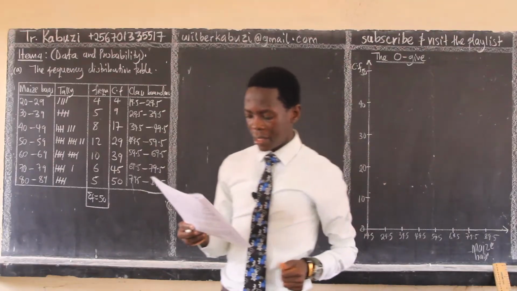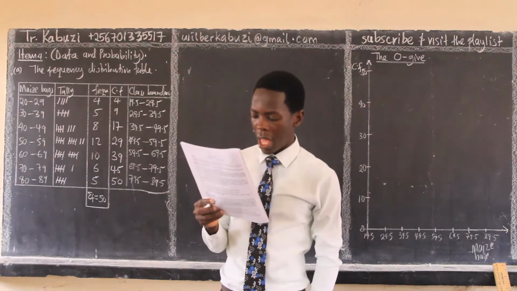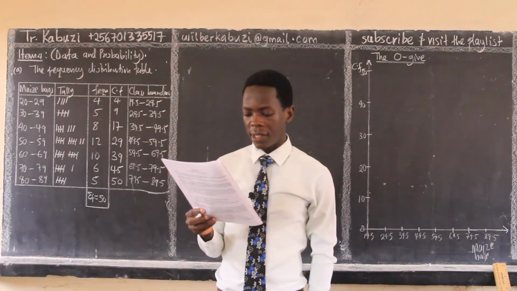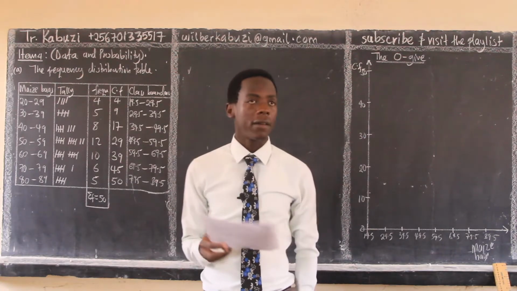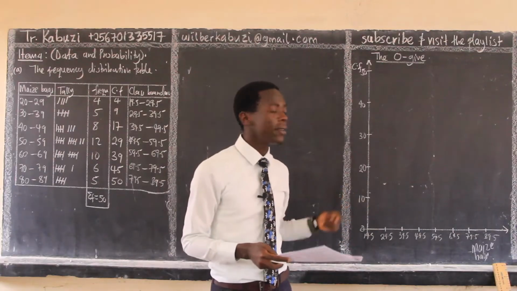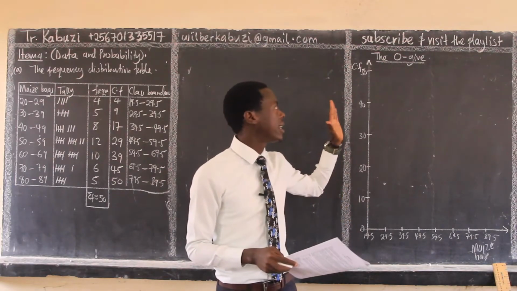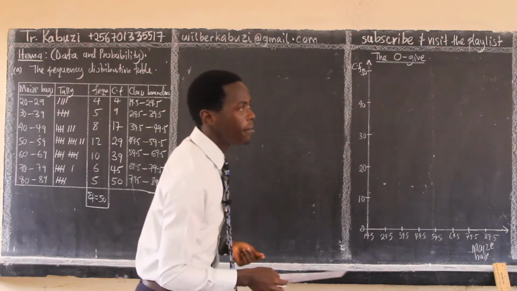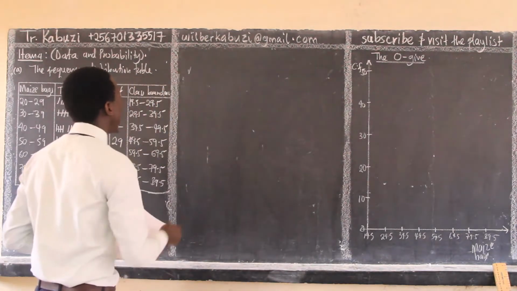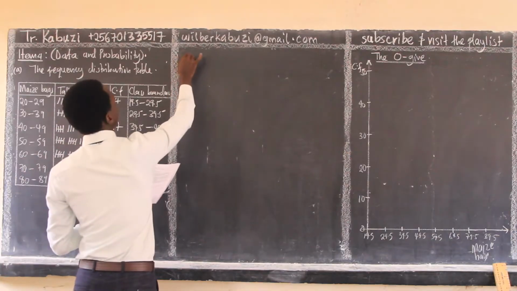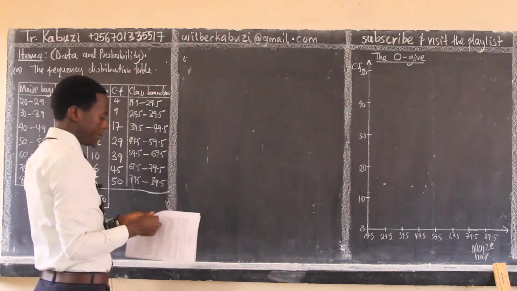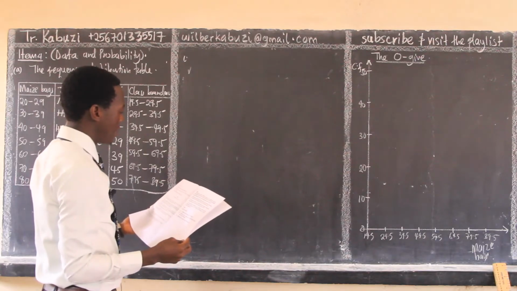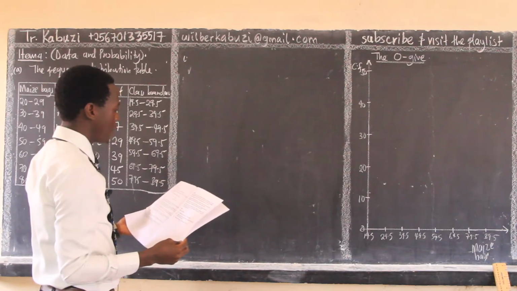Determine the number of bags of maize above which half of the farmers have invested, so as to establish the real effect of the fertilizers. Now here on this part, you can either use the ogive or you can use the formula. So half of them, they are looking for the median. So Roman numeral 2, represented in the frequency table, determine the number of bags above which half of the farmers are listed.